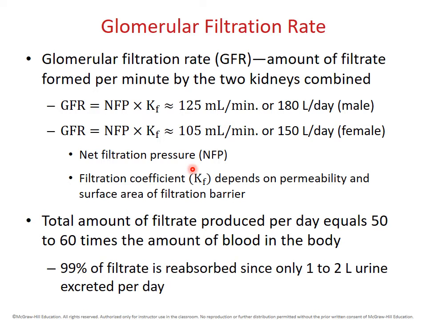So how much filtrate is going to be formed per minute for every millimeter of mercury of filtration pressure? We multiply that by the net filtration pressure, which is 10, and that's going to give us a unit that is reported in milliliters per minute. In other words, a rate. This filtration coefficient depends on a couple of factors.